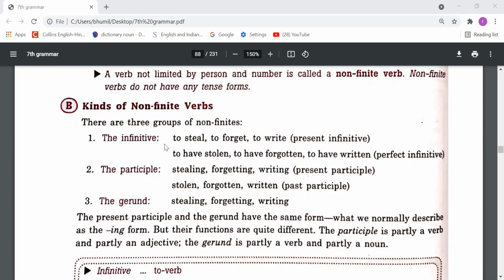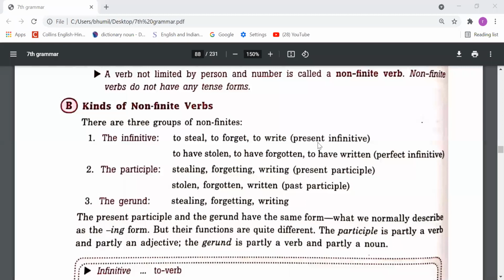Next, to steal, to forget, to write: present infinitive. So dear students, whenever we put to plus root form, that is called an infinitive, and that is part of the present infinitive. Further, infinitives are divided into two parts: present infinitive and perfect infinitive.